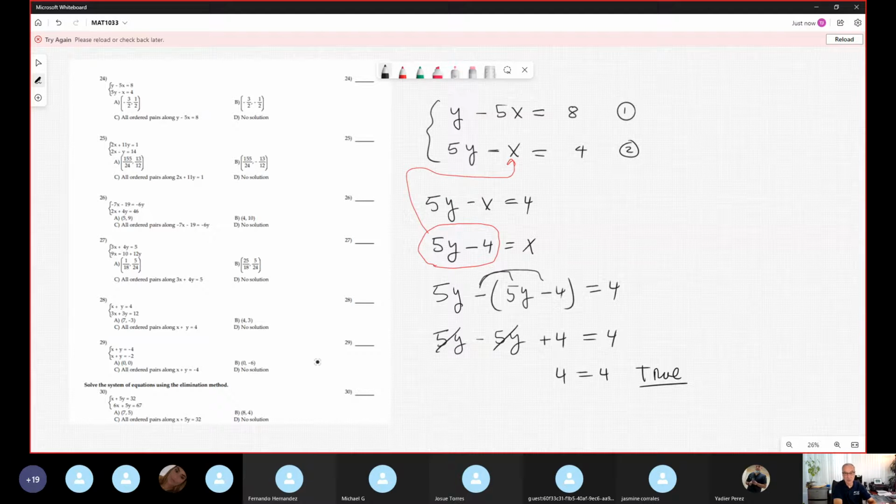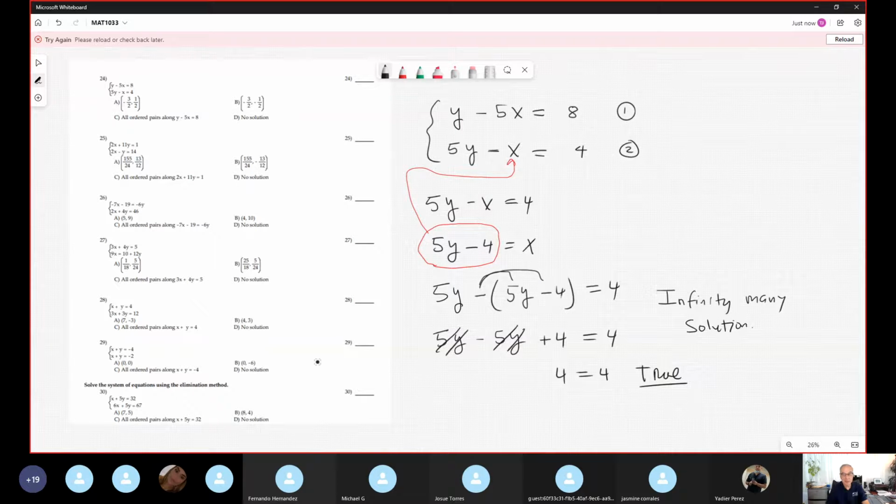When you're solving algebraically, you are doing your best, no mistake, and you cannot solve for y or for x, because they cancel out here. And you get a true statement, it's the case of infinitely many solutions, or another way to call this situation is all ordered pairs.